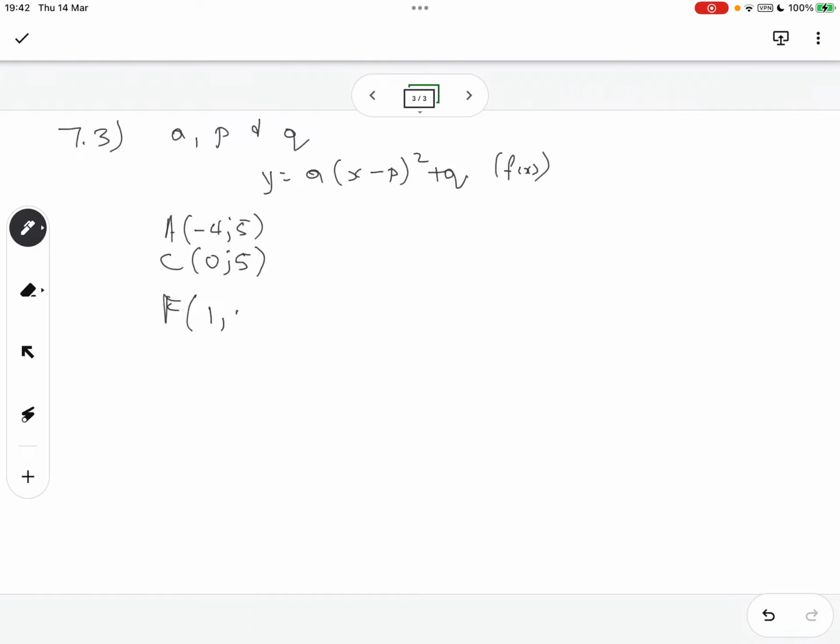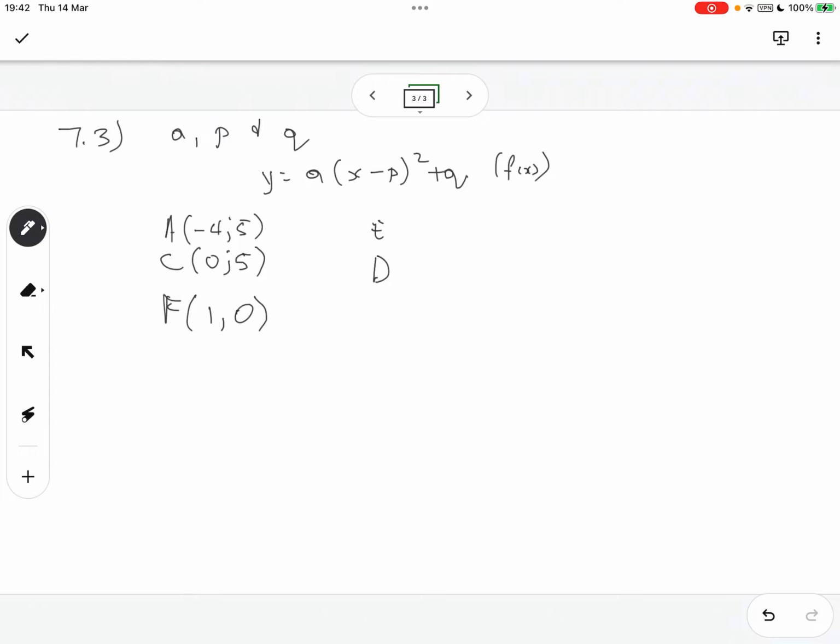It's the reflection of C about the line x equals -2. Yes, and we also have F, which is 1 0. We don't know E, we don't know D, and for B, we've only got that x equals 2 there.